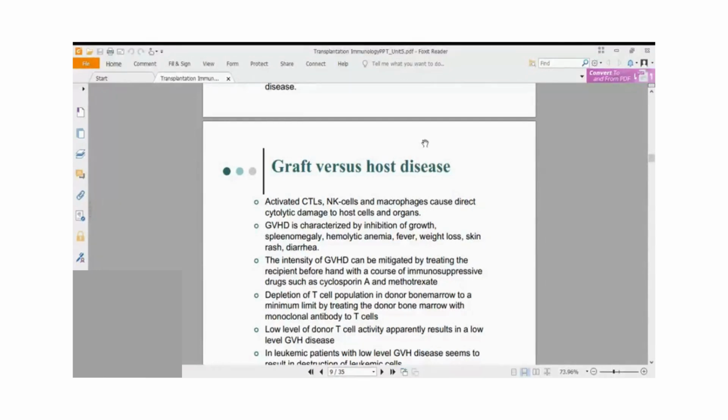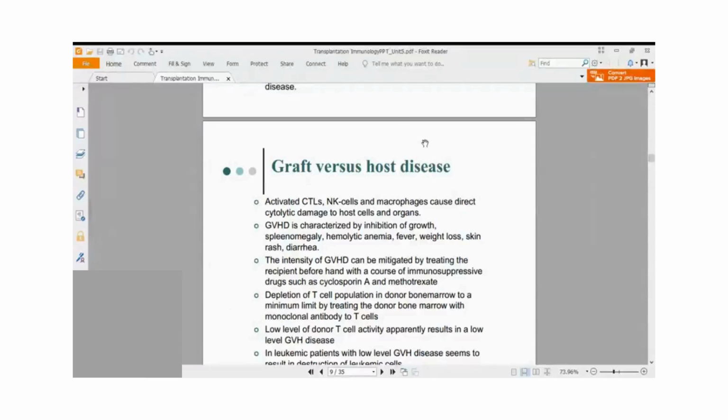Then a low level of T cells will keep the bone marrow active and support the immune system of the patient. And now he will be dependent on the donor bone marrow for his immune response. But it should be of a very low immune response.